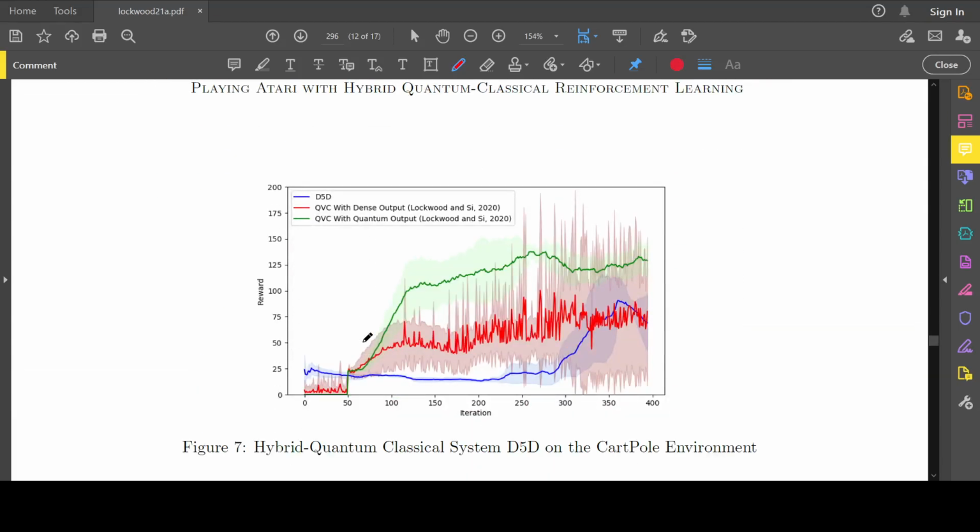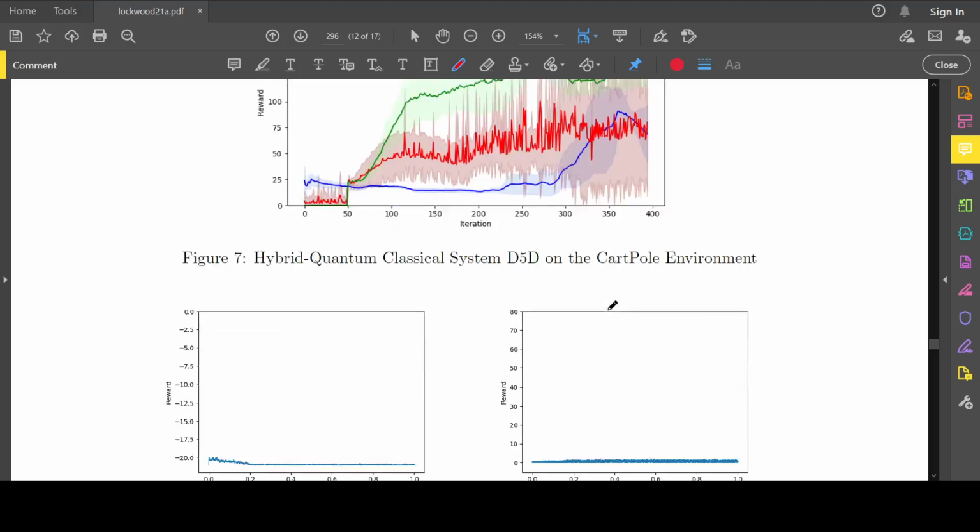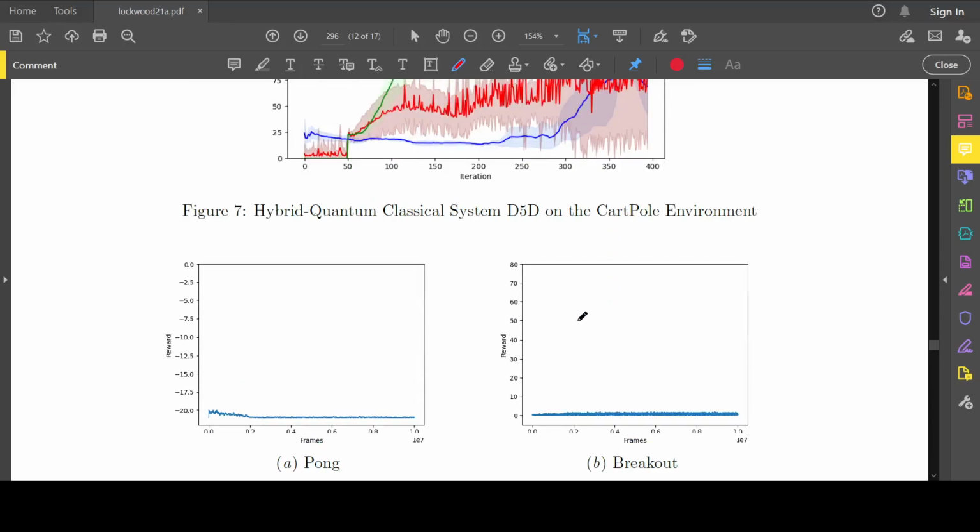And so down here we can see that this is comparing, as I've previously discussed, the results from the A20 paper. You can see the hybrid system we present here is capable of learning, it just doesn't seem to learn on Atari.